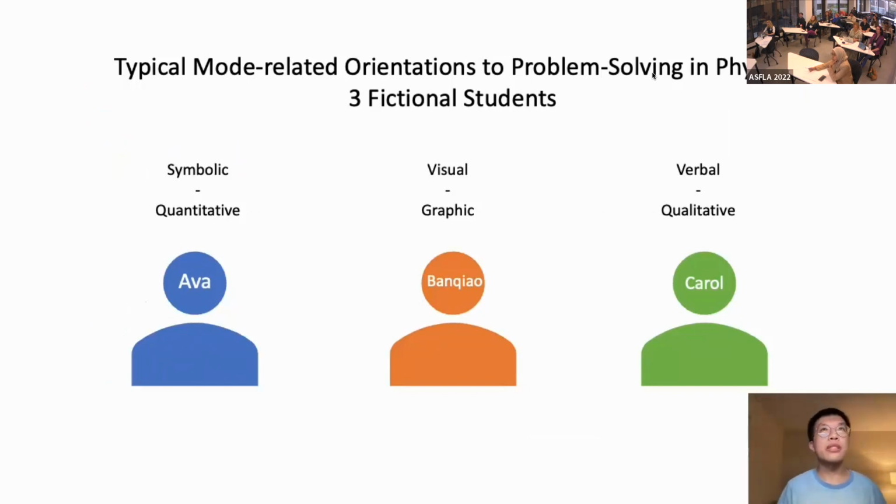They have 3 competencies correspondingly, which correspond to the 3 modes in physics. The symbolic mode corresponds to the quantitative analysis, which Ava had, and the visual mode corresponds to the graphic analysis, which Banqiao had. And the verbal mode corresponds to qualitative analysis, for example, the reasoning and so on, which corresponds to Carol.